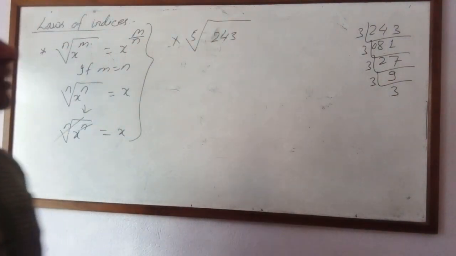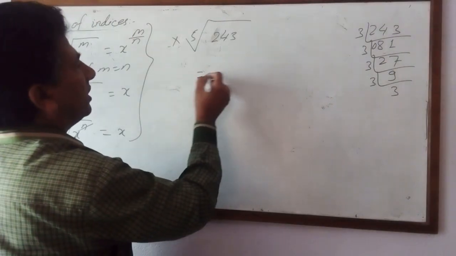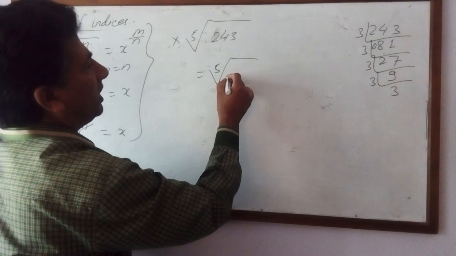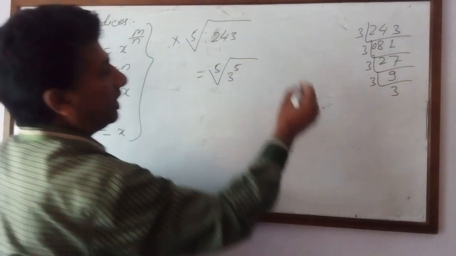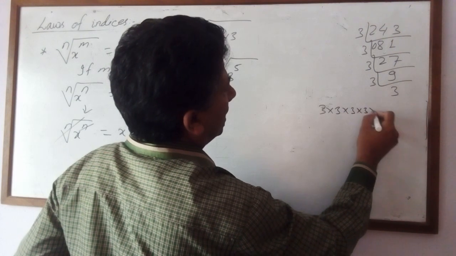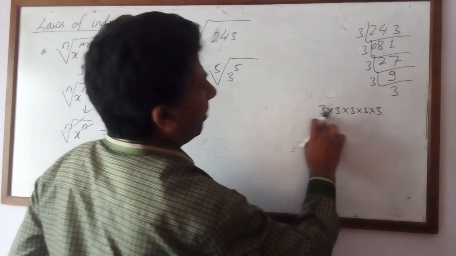Now 243 means 3 has power 5. Now here is 3 times 3 times 3 times 3 times 3. 1, 2, 3, 4, 5.